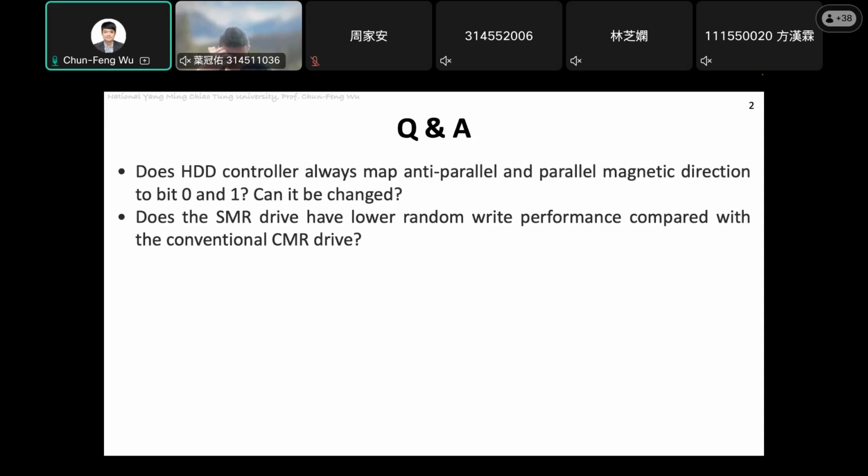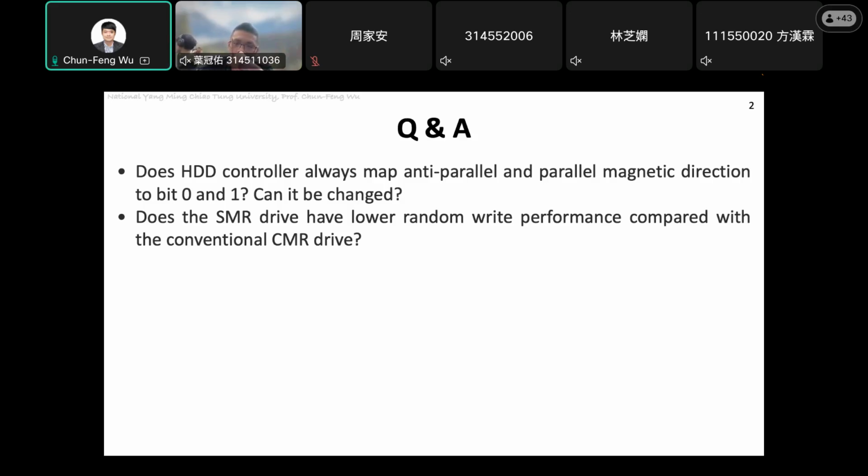Even though there is a read-modify-write phenomenon in the SMR drive, in practical systems SMR drives maintain a log area for logging the write updates. When a write request comes, the write data will first be put in the log area instead of directly doing a read-modify-write. So in a practical SMR drive, there's no very obvious random write performance drop every time.